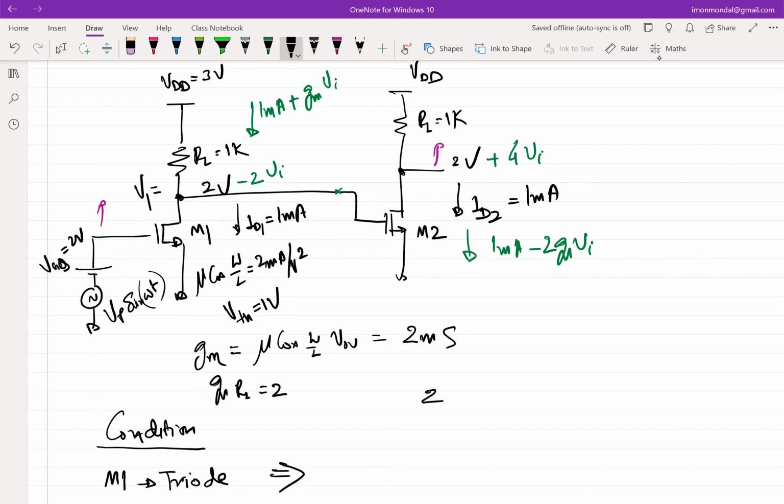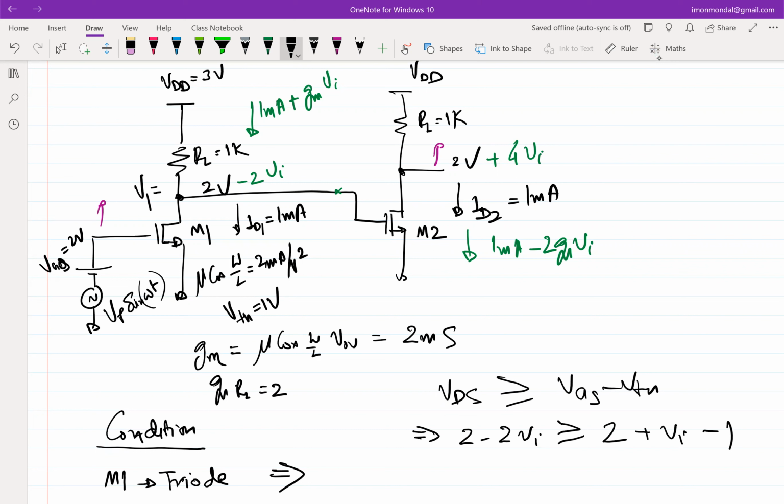Okay, so let me write out the total, right? VDS should be greater than or equal to VGS minus VT. So total VDS is how much? 2 minus 2 VI should be greater than 2 plus VI minus 1. Is that correct? Okay, fine.